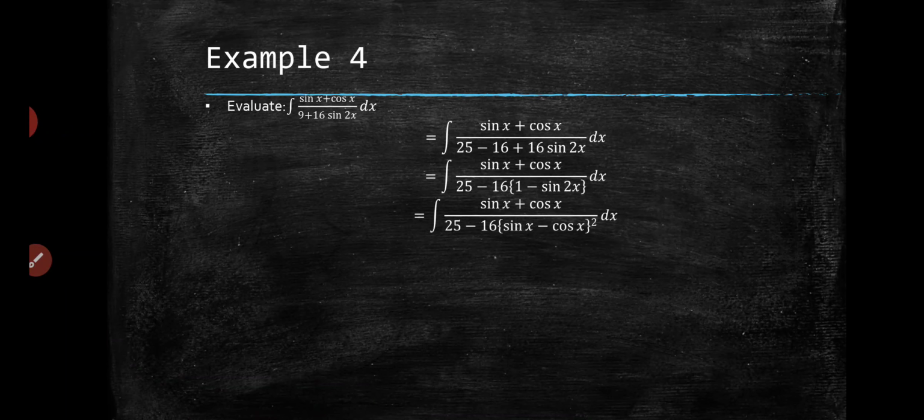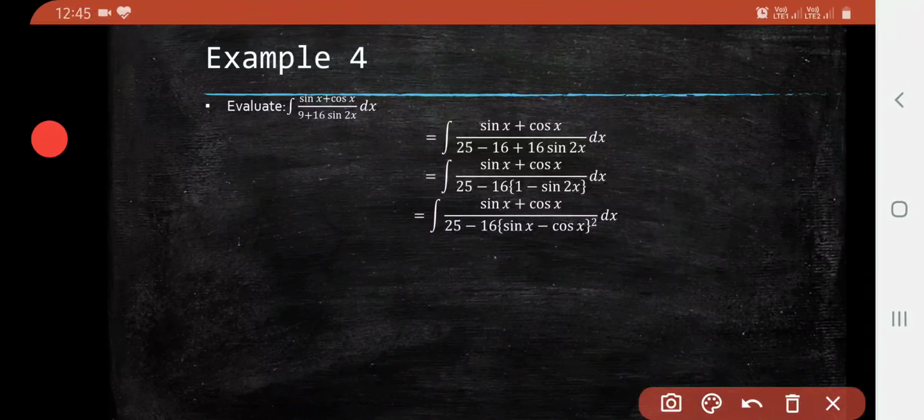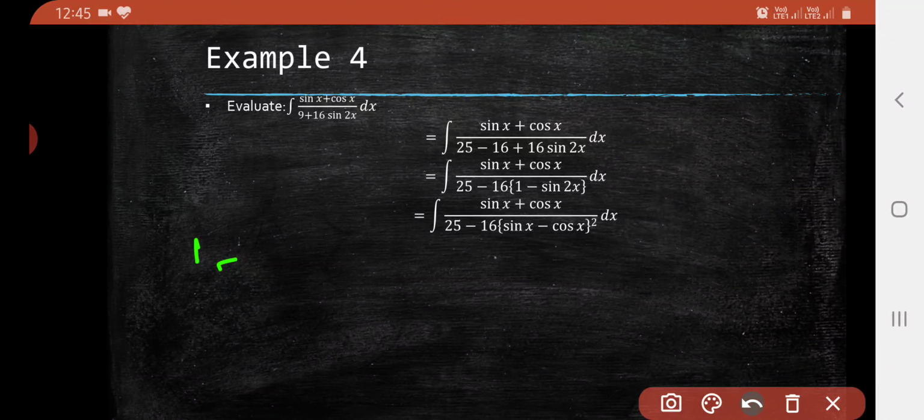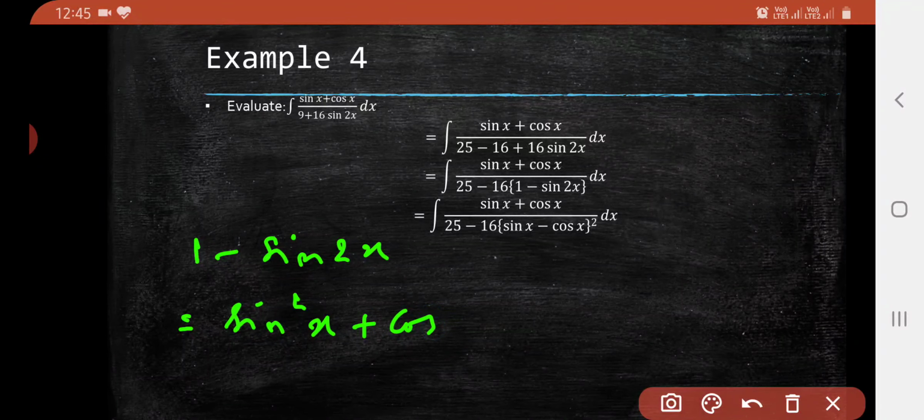I haven't shown the step because it is a very trivial step to show, but let me just show you separately. So 1 minus sin 2x can be written as sin square x plus cos square x minus 2 sin x cos x, which is basically in the whole square form.